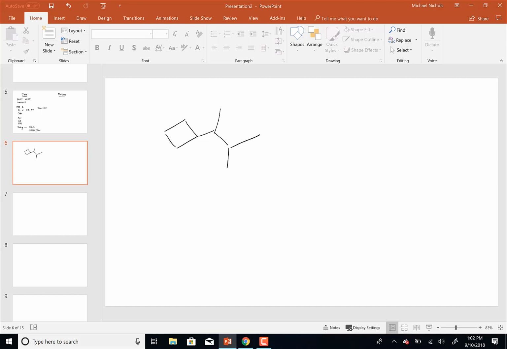The question is, why is this 2-cyclobutyl 3-methylpentane?